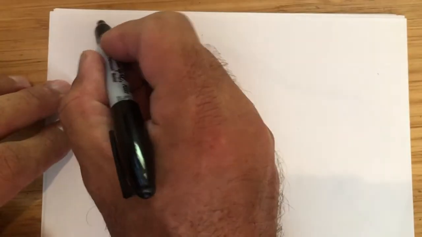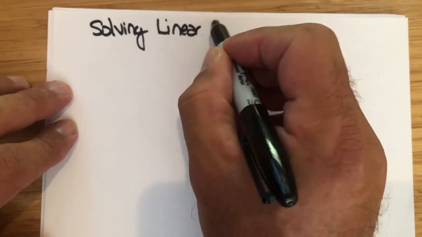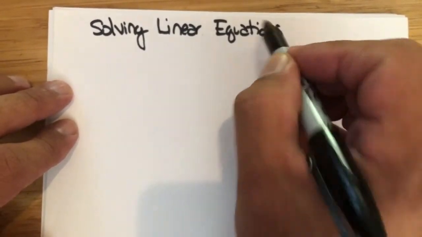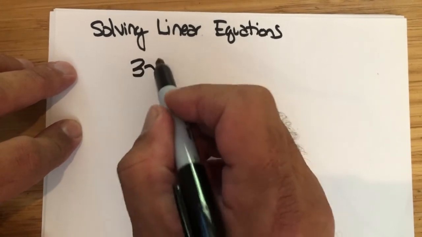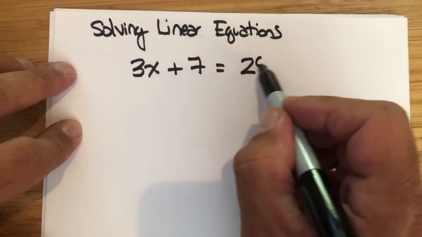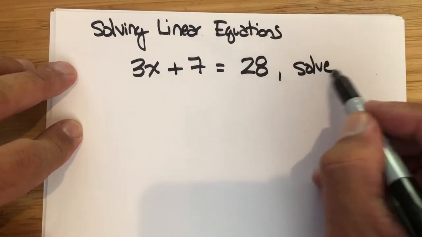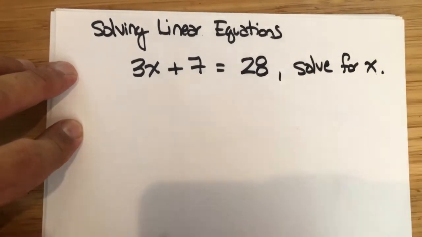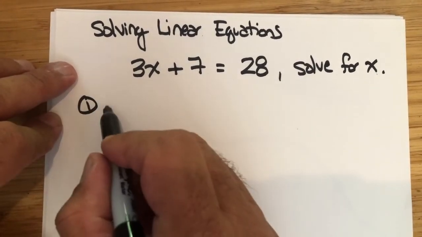So let's look at solving linear equations by using inverses. Say we have the equation 3x plus 7 equals 28, and we want to solve for x, which means we want to isolate x. We want to do our additive inverse first.